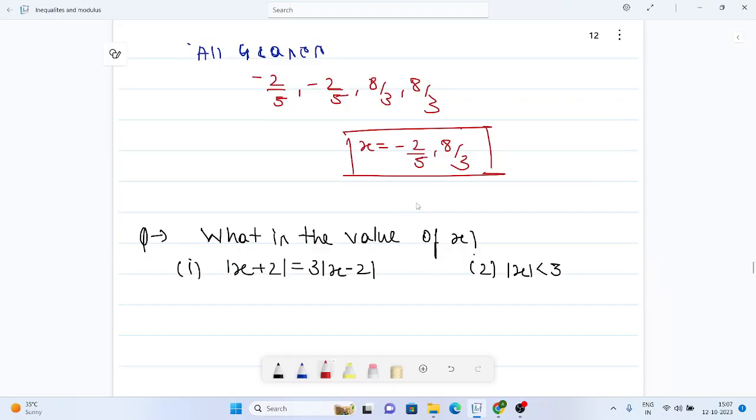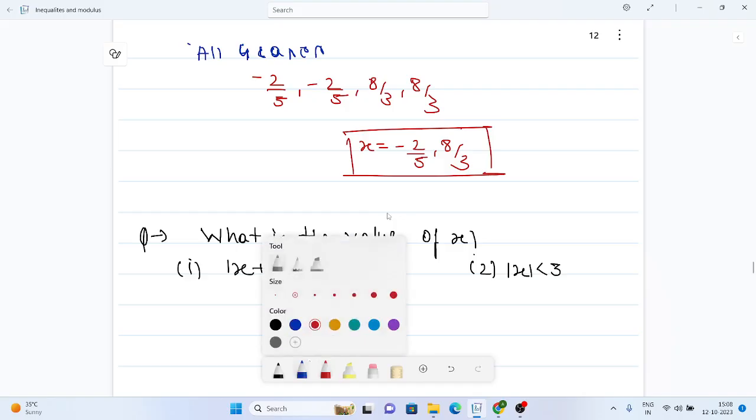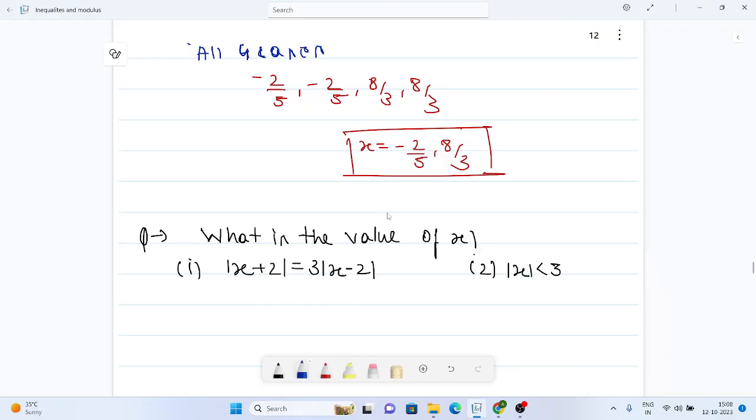Okay. So the next question is, what is the value of x if mod x plus 2 equal to 3 mod x minus 2, and mod x is less than 3. So this one we have just solved above. I write plus minus x is less than 3.